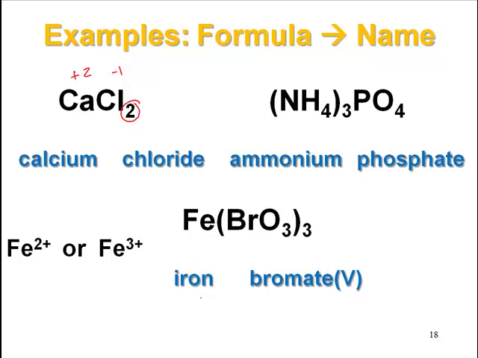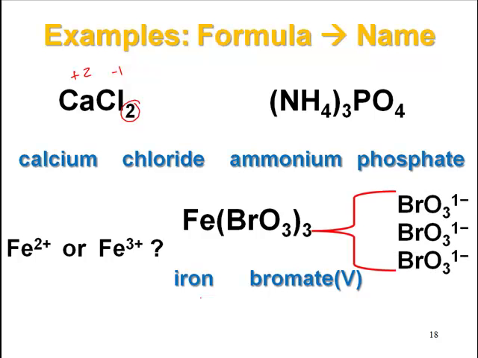So the thing is, we now need to figure out which one it is based on the anion. So we look at our anion, which is BrO3, 1 negative on our ion sheet. There are 3 of them, so what is going to be the total charge on the bromates?